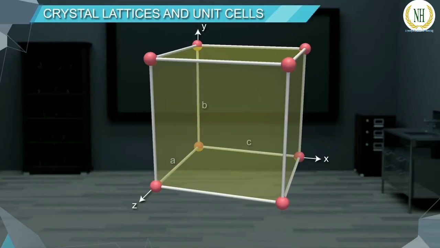In some cases, they are mutually perpendicular, and in some cases, they are inclined to one another. In this unit cell, the angle between the edges b and c is alpha, the angle between edges a and c is beta, and the angle between edges a and b is gamma.